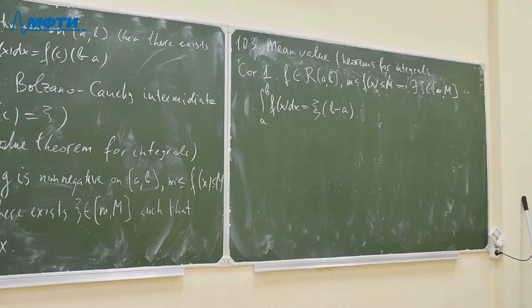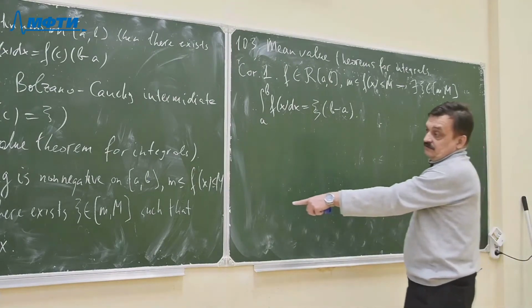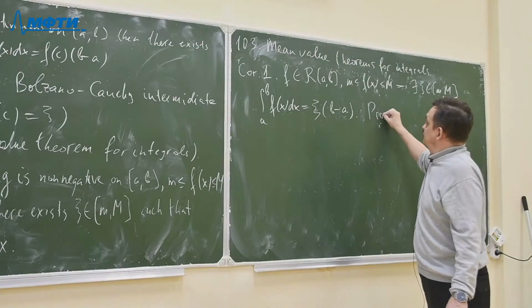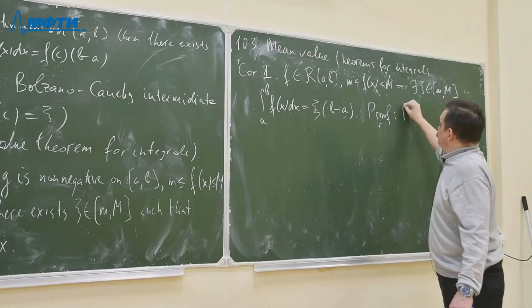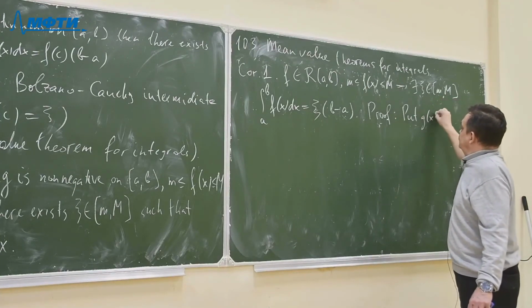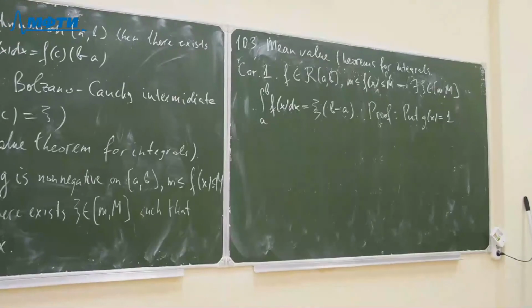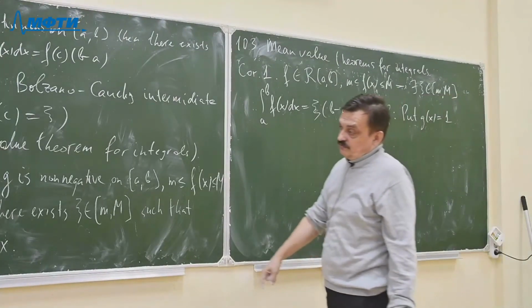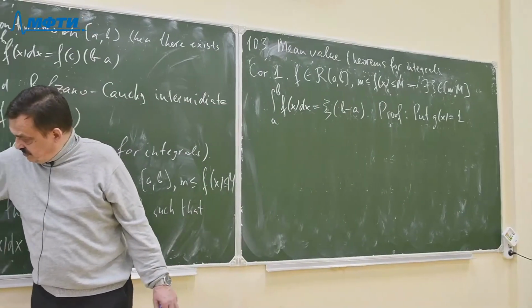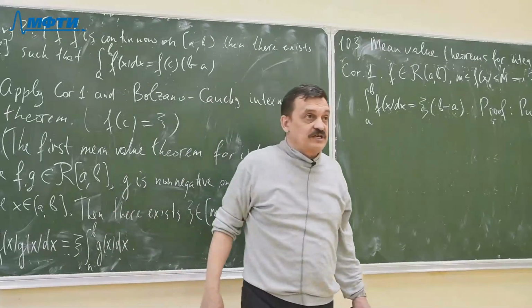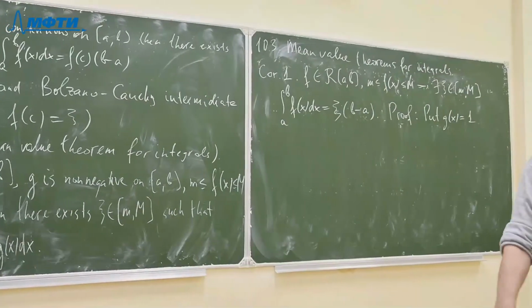So this we considered before, we proved it by estimating, but now you see this is a particular case. So proof: put g(x) equals 1, identically. So take g(x) equals 1. We see here the integral of f(x), and the integral of g is precisely b minus a. That's it.